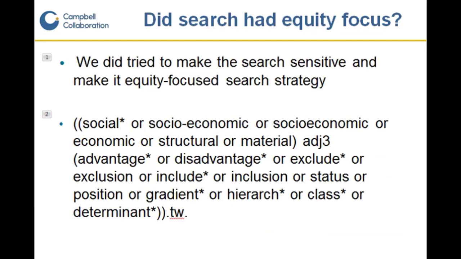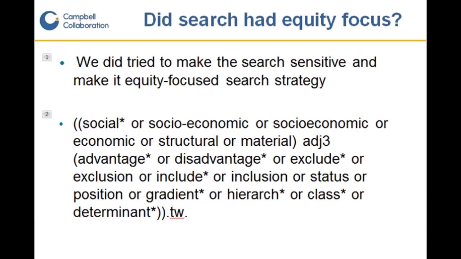Now, the question was, did our search have an equity focus for these studies to be captured into our map? We did try to make our search sensitive and equity focused. There are aspects that we might have missed when we applied our search strategy, but we did include terms like social, socioeconomic, exclusion, inclusion, or disadvantaged population.